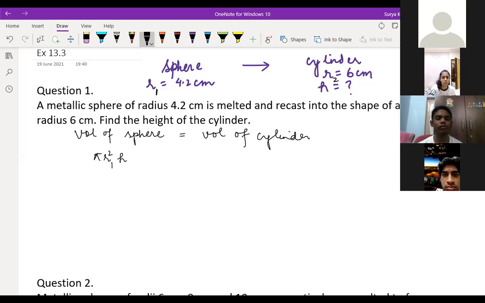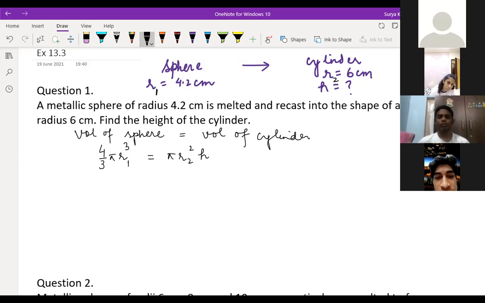A sphere is there, so we should write 4 by 3 pi r cube. What should we write, Javian? Yes, sir, 4 by 3 pi r cube. So 4 by 3 pi R1 cube is equal to pi R2 square h.